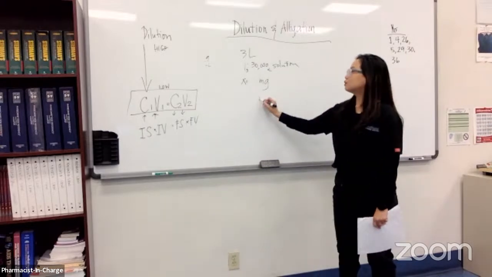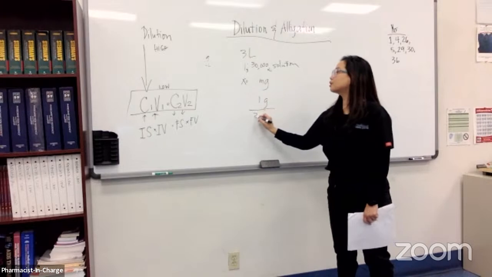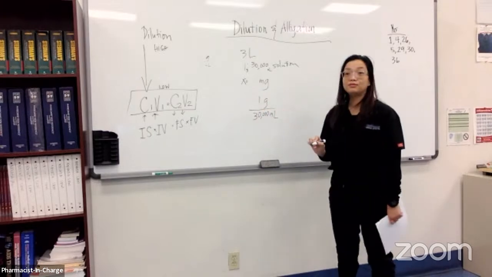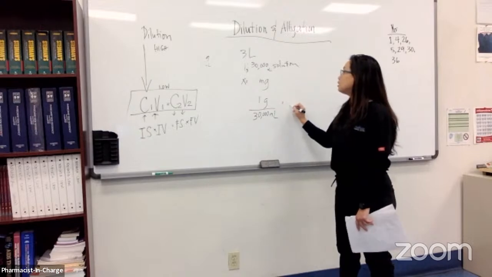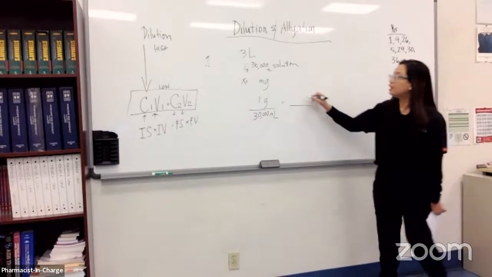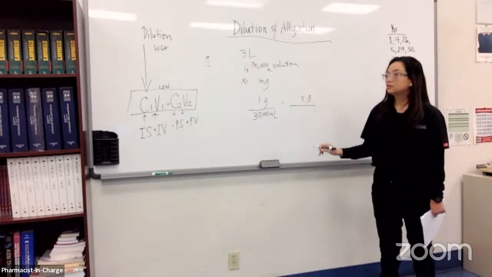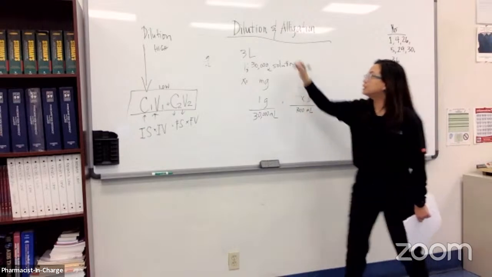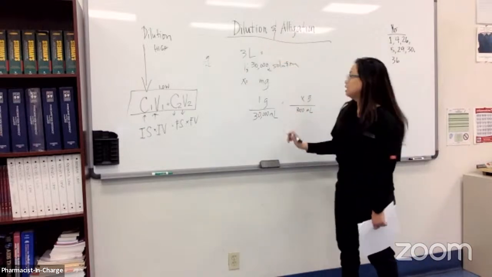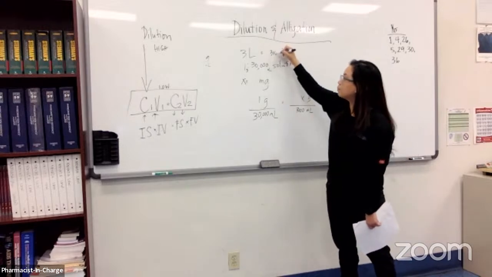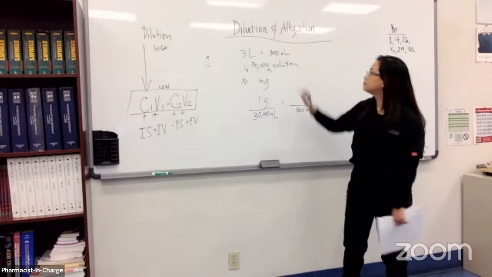So I got 1 gram over 30,000 ml, follow, equals, next, X grams over 3,000 ml, because your liters have to be converted to ml to make it apples to apples. Good job.